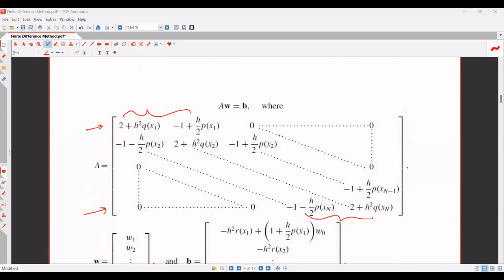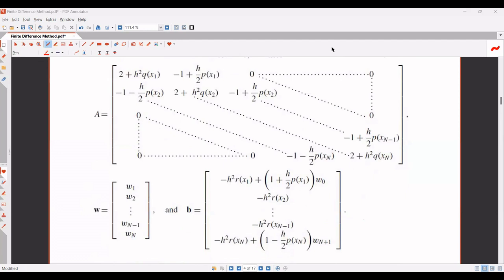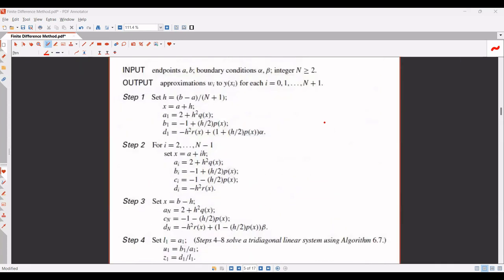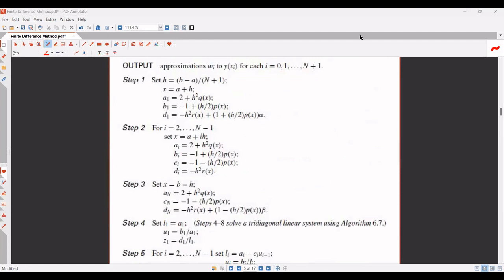For the same reason, the d_i is different for the first and last row as well, because those known values of y_0 and y_n are going to be treated as the right hand side constant. So that is why they are creating the first equation and the last equation separately.